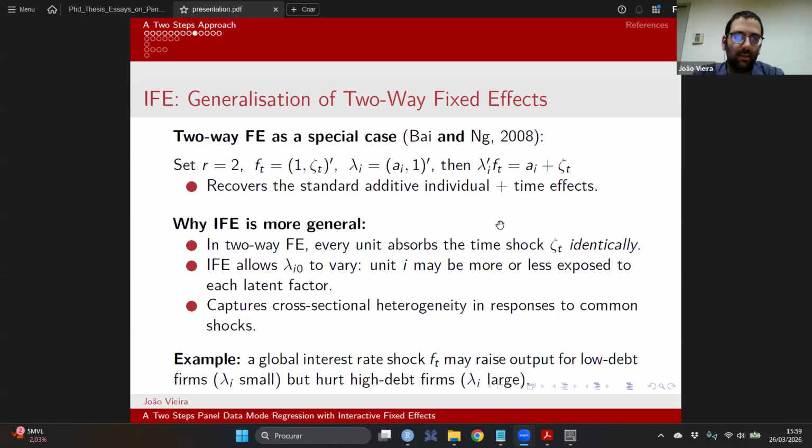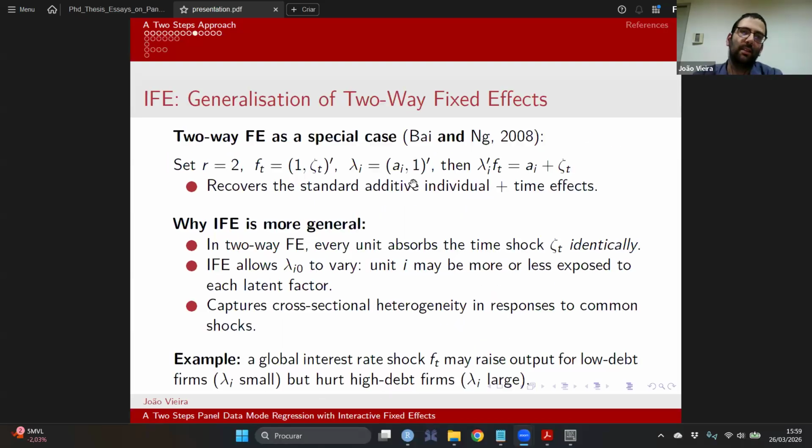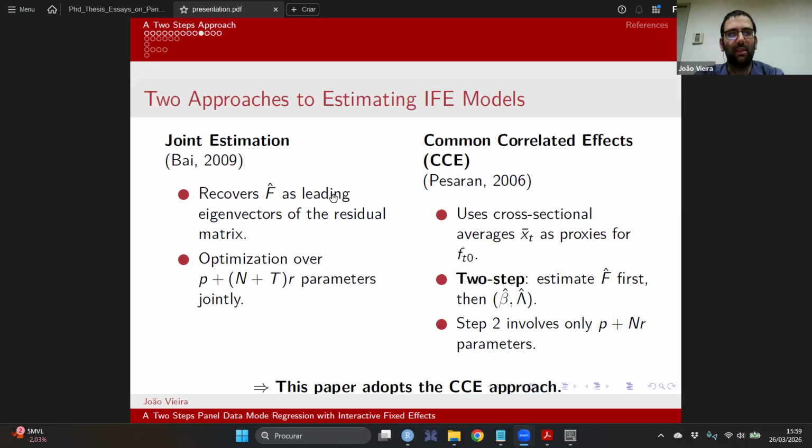So we already talked a little bit about this. There are two ways of estimating something like this. We could do it in one go. For example, in a linear setting, there is a paper from 2024, 25 from Shen. No, from 2024, it's not from Bai, it's not from Shen. So there are two ways of doing this.